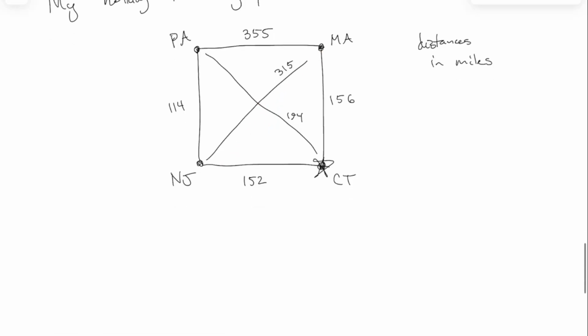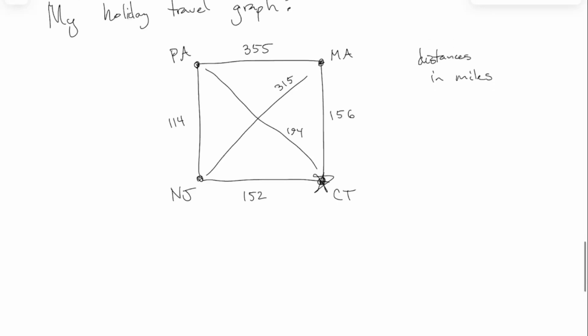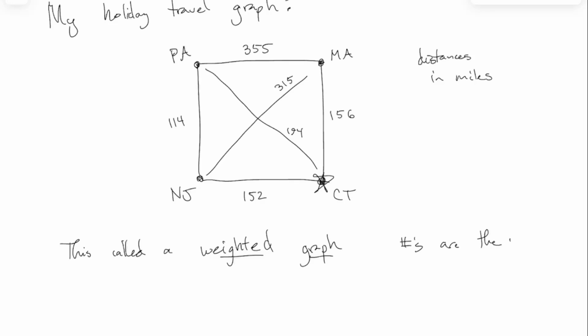All right, great. Once you have this graph with the numbers on it, this is called a weighted graph. And those numbers on the graph are called the weights. And in this problem, the weights represent distances, like real life distances.